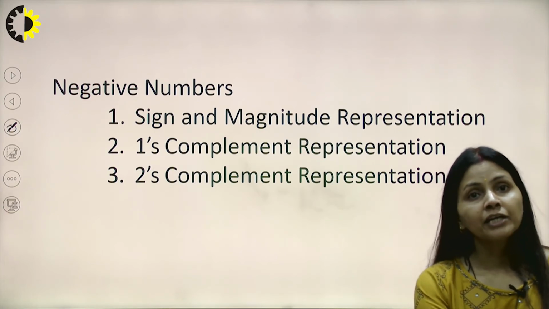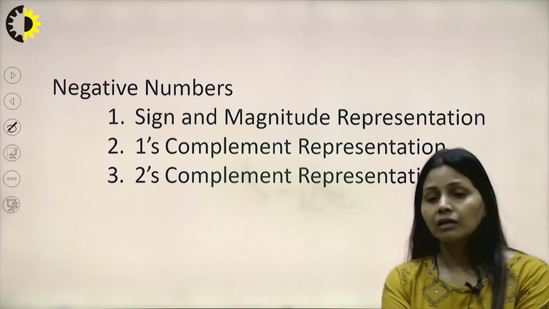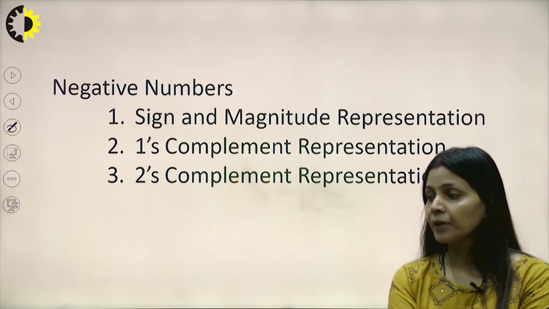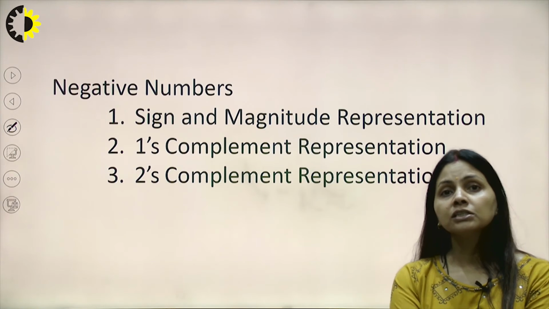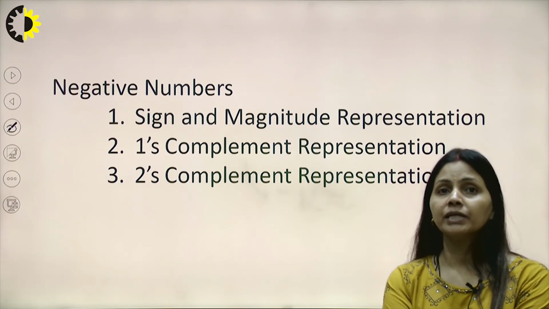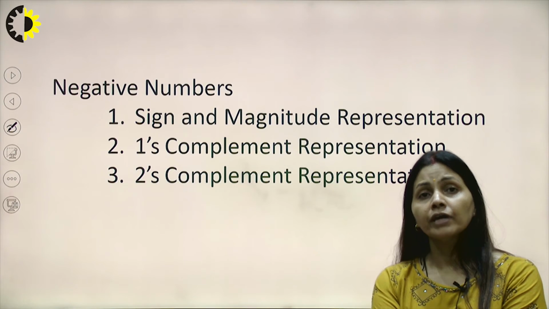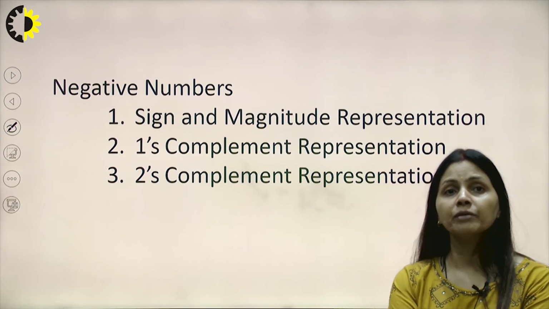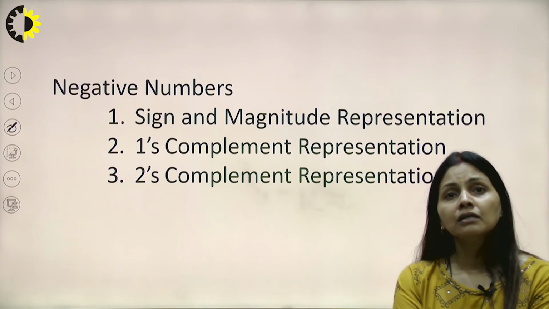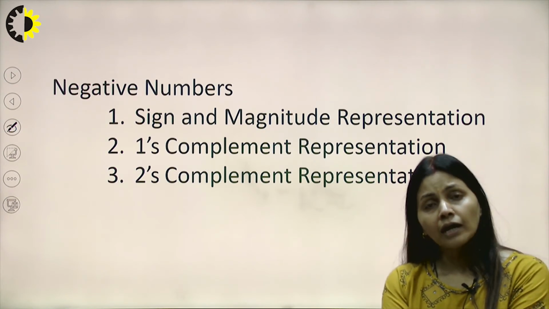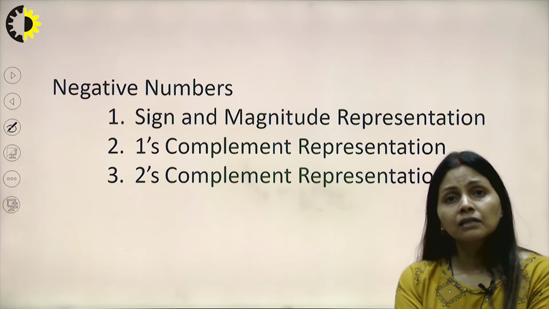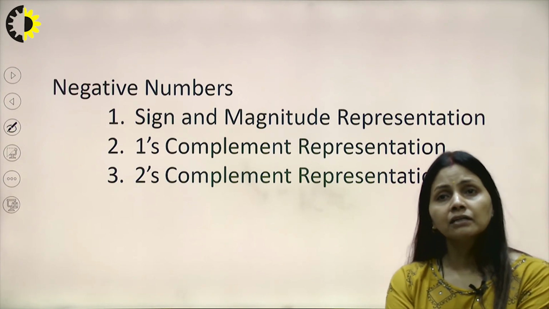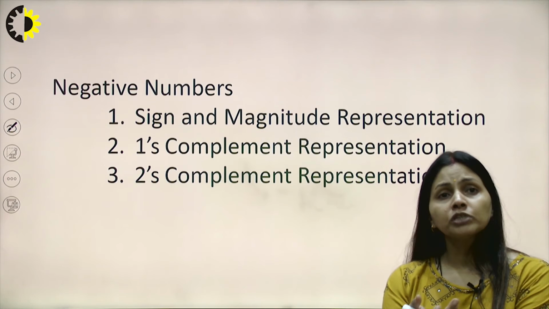The sign and magnitude representation is okay, but it is not very practical because the hardware is complex in this case, whereas in the case of 1's complement and 2's complement representation, the hardware gets less complex and it is easy to design.